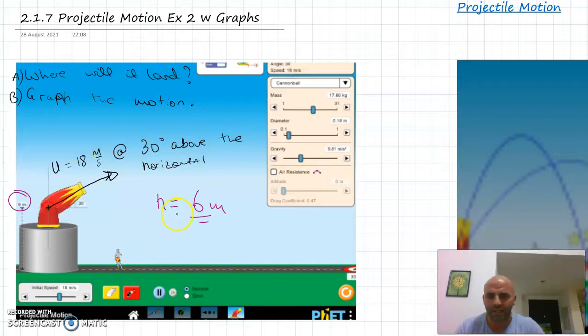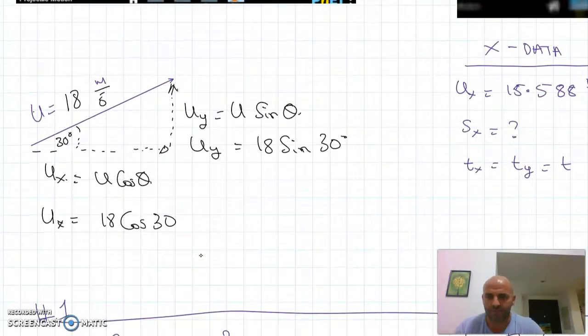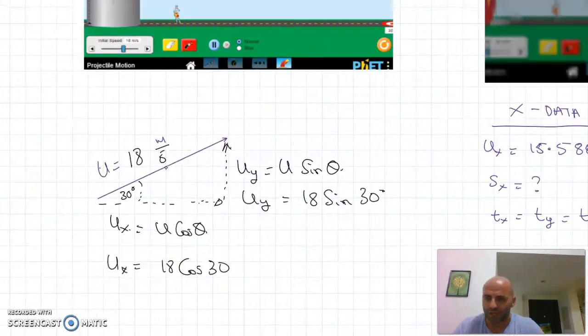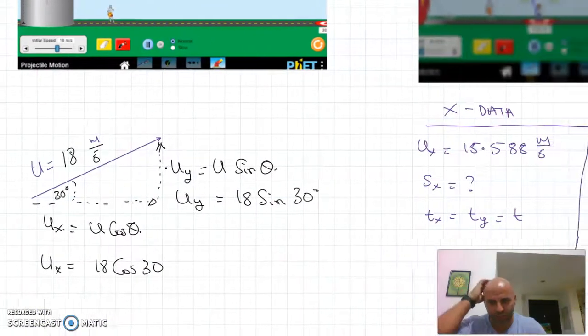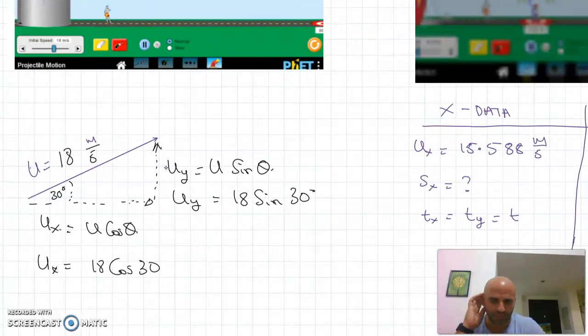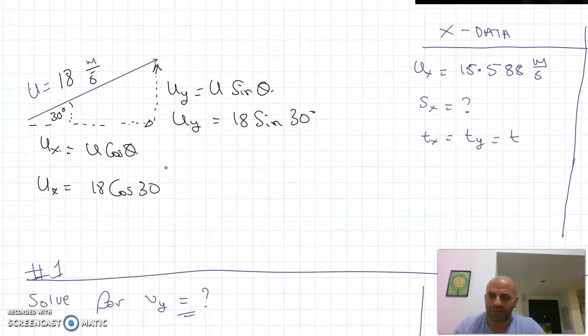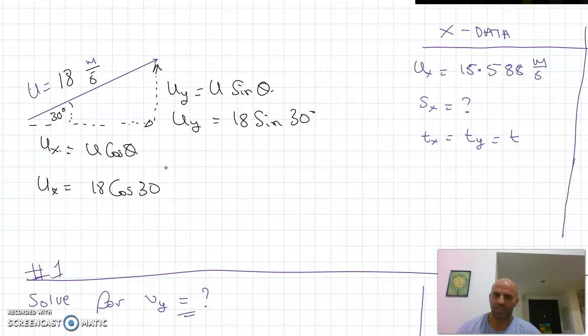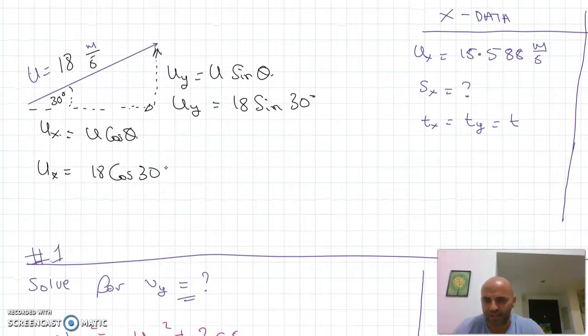So once again, we're going to go through the steps. The first thing to do is to break down your initial velocity vector into its x and y components. Ux is 18 cos theta, and the initial velocity in the y direction is 18 sin 30 degrees.